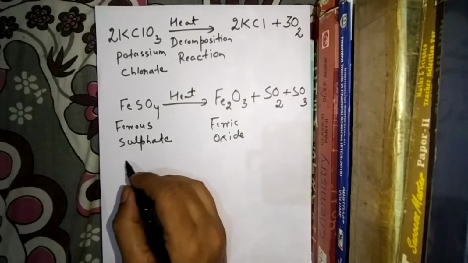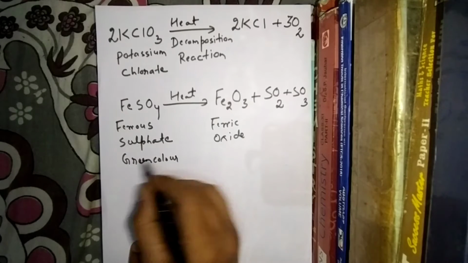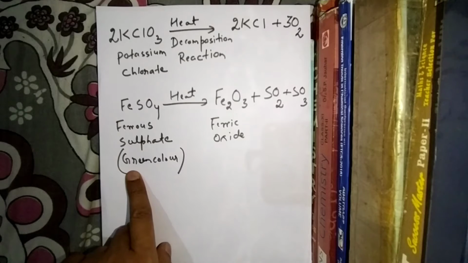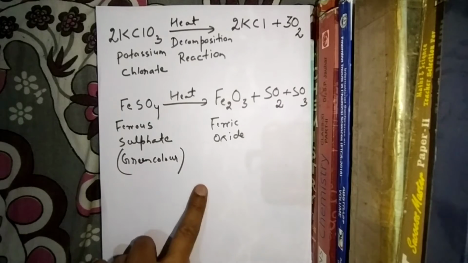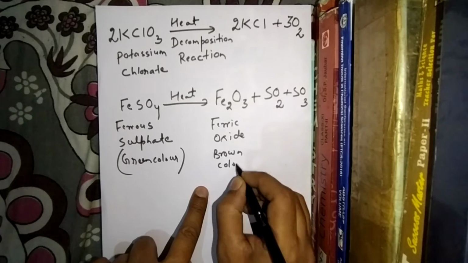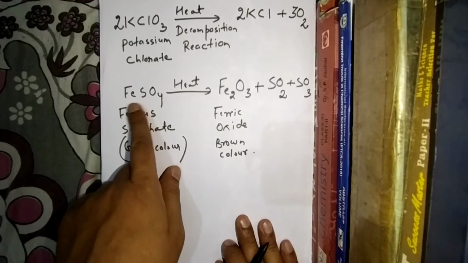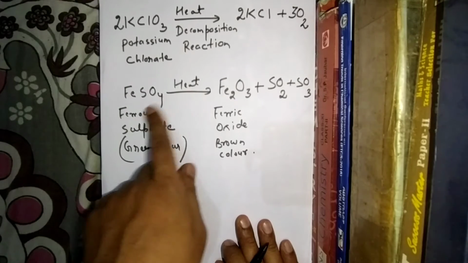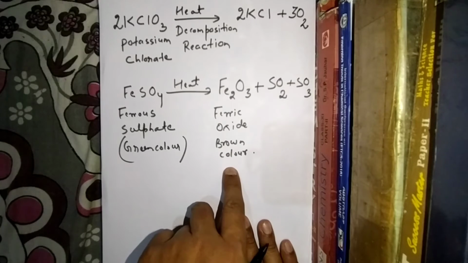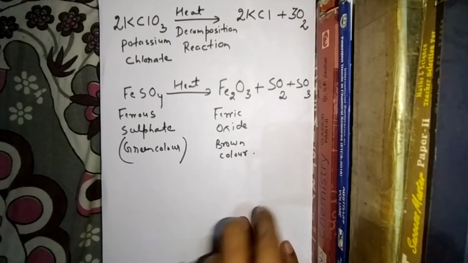Now this iron sulfate is of green color, and after heating this ferric oxide is of brown color. So again when iron sulfate is heated, it decomposes to give ferric oxide, which is of brown color, along with sulfur dioxide and sulfur trioxide.